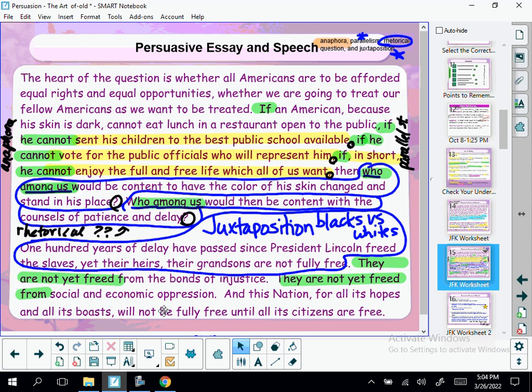And then he's got "who among us." That blue highlighting is our rhetorical question. So look at the anaphora and the parallelism in this short little speech and how powerful it is.